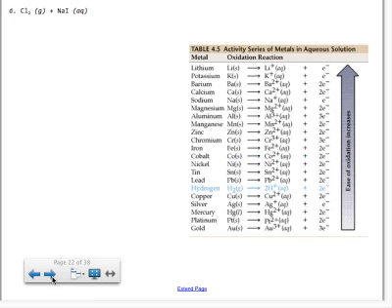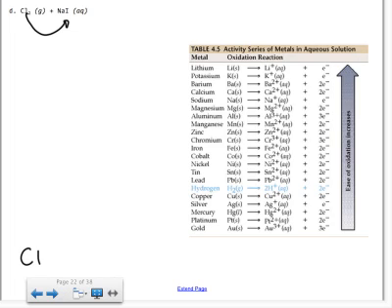Chlorine and iodine, sodium iodide. With the halogens, they're not on this list, but the higher up the periodic table they are, the more reactive they are. So chlorine is above iodine in the group of the halogens. So chlorine will replace iodide, which means that they'll trade places.